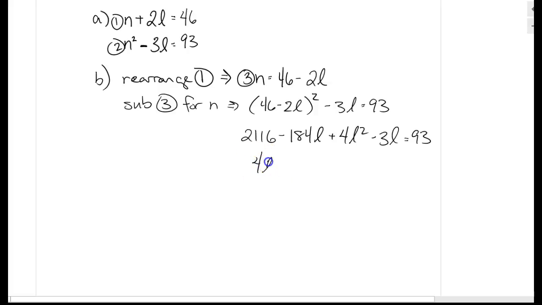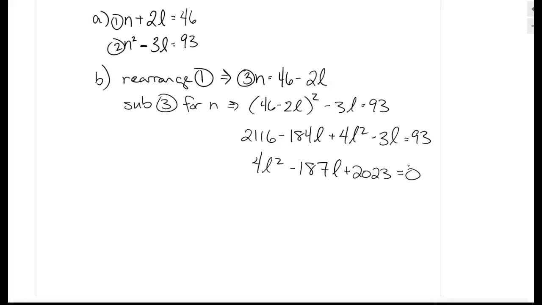So I've got 4l squared minus 187l, and then I've got 2,116 minus 93, which gives me 2,023 equals 0.